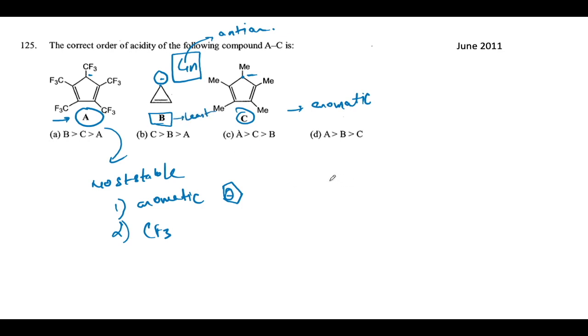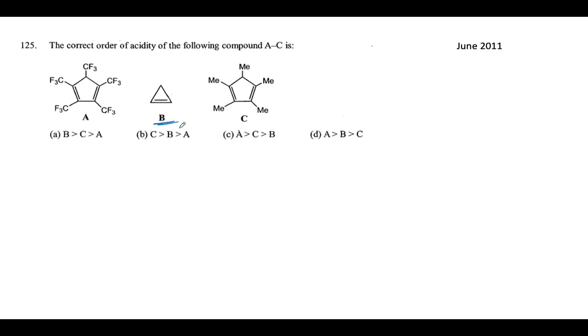So the original compound in option B is going to be least acidic, and A is going to be most acidic. A and B are the two extremes, and C is going to be in the middle of them. So the answer is option C.